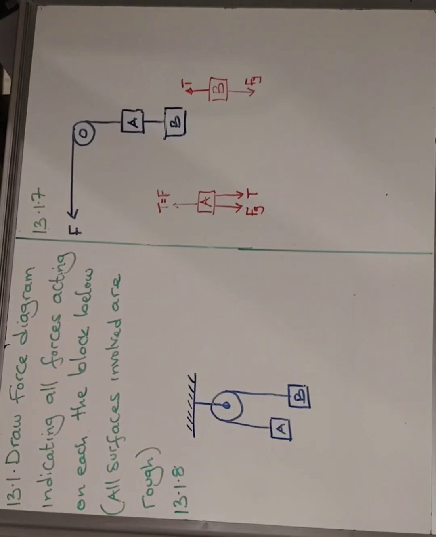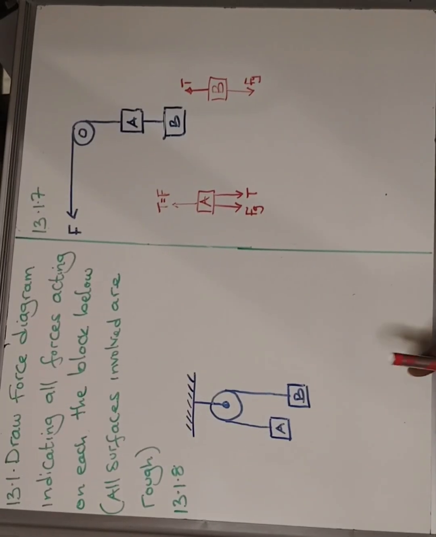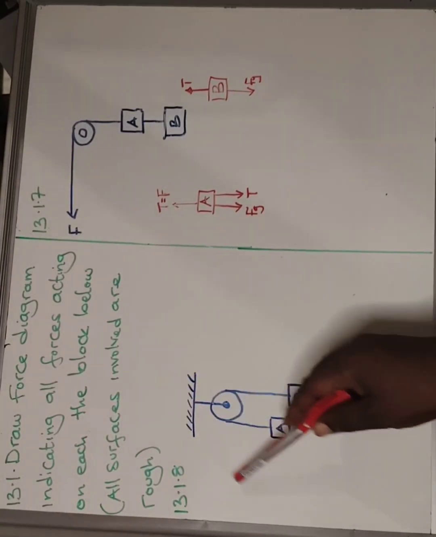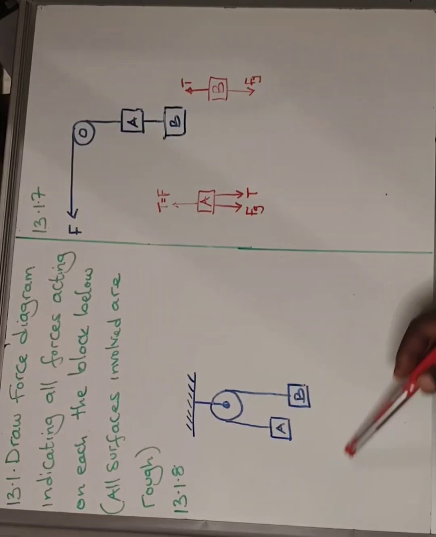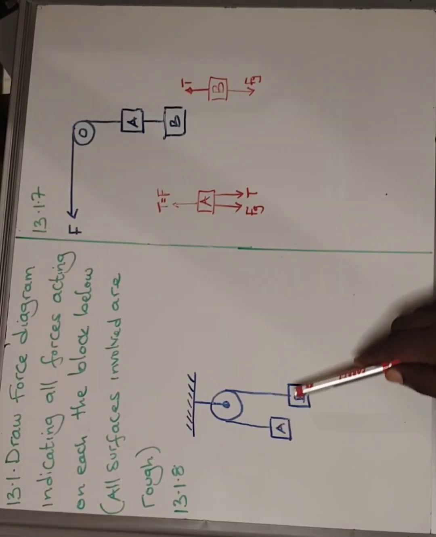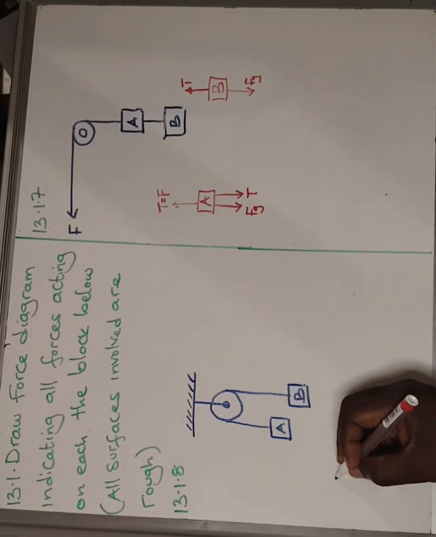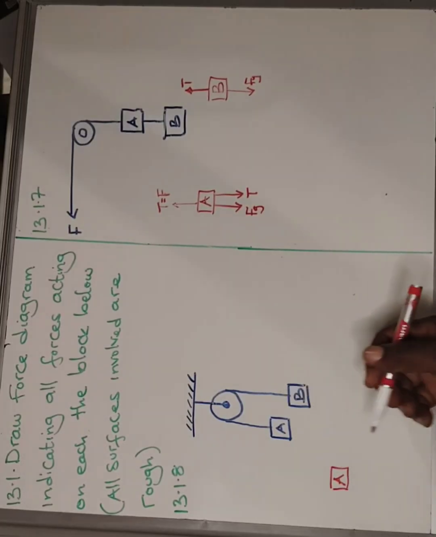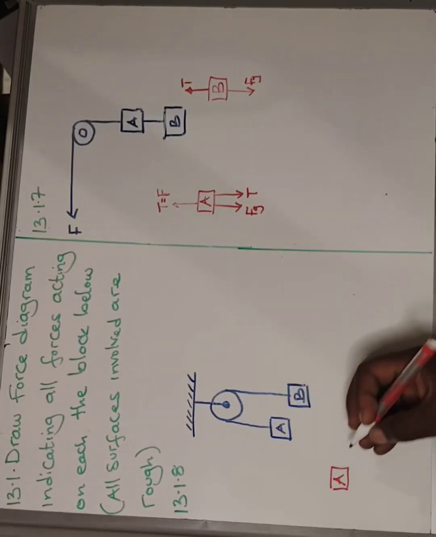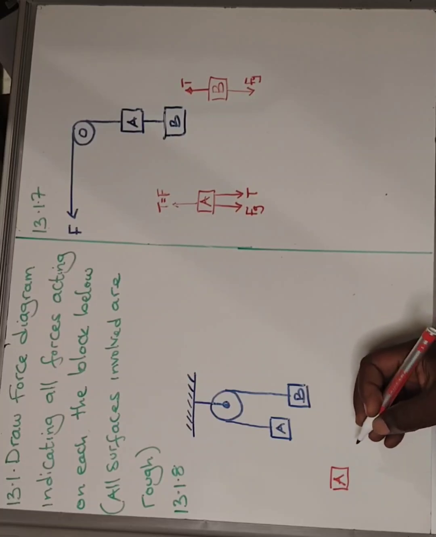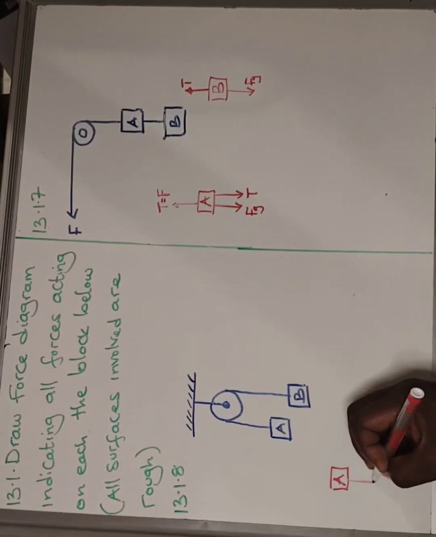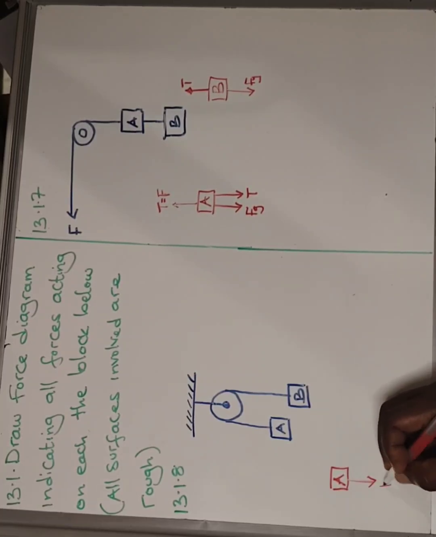Then comes this question. What are we supposed to do? To draw the force diagram indicating all the forces on each. So if you have A, what are the forces which are there? It is hanging, so there's no normal force, but it has our traditional one, which is Fg.